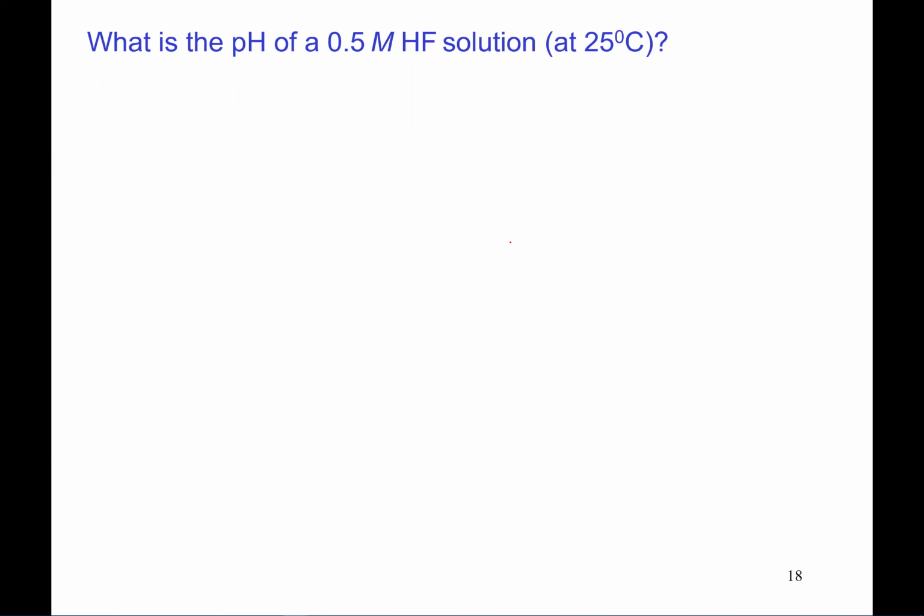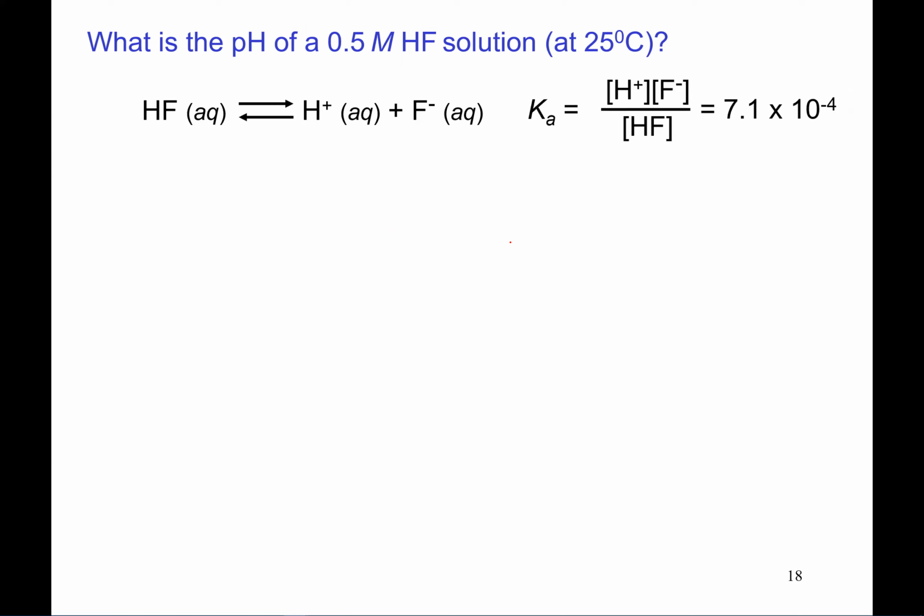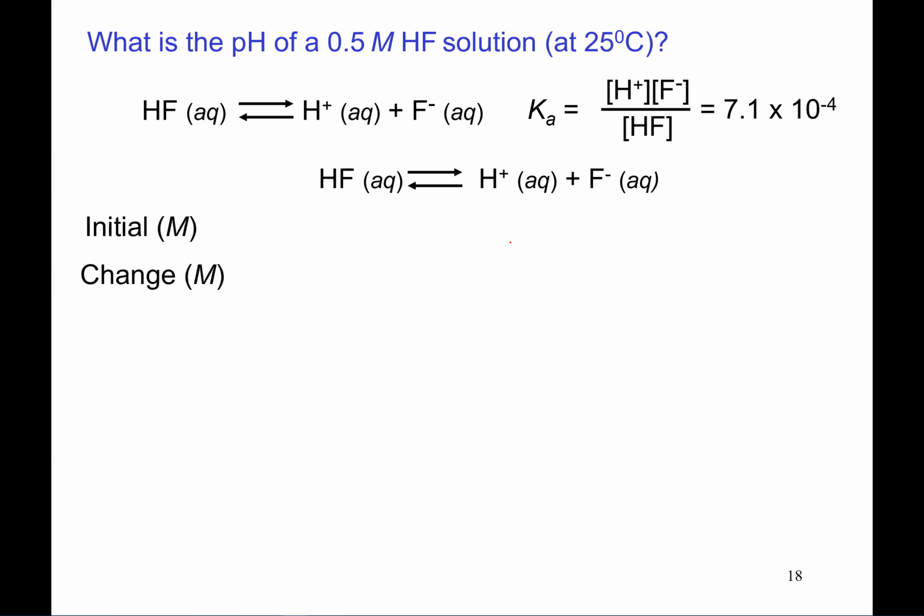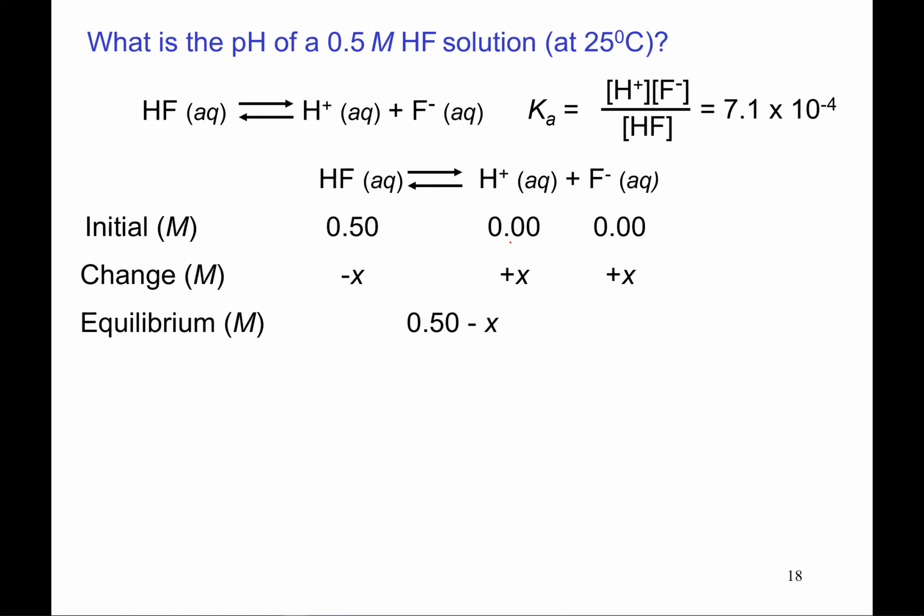What is the pH of a 0.5 molar HF solution? Well, you write out the equation first. Ka equals the hydrogen ion concentration times the fluoride concentration, divided by HF, which is 7.1 times 10 to the minus 4. I'd recommend you do a box form for all of these.